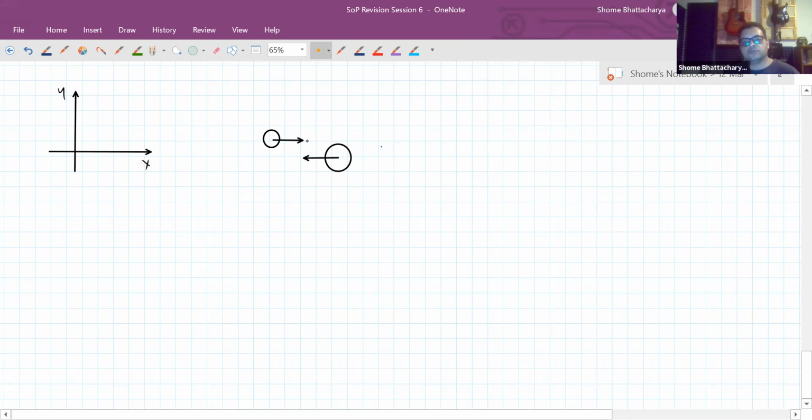So the momentum of the system is the vector sum of m1 u1 plus m2 u2. Let's substitute the values.